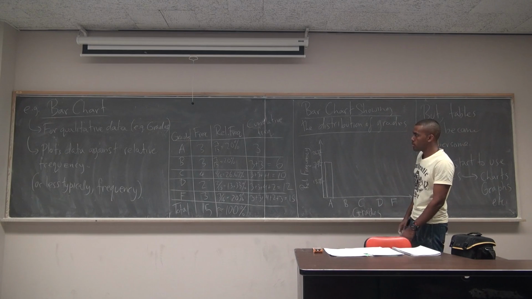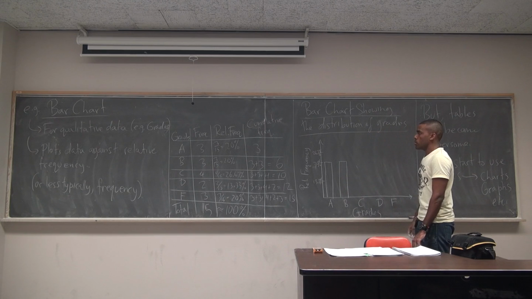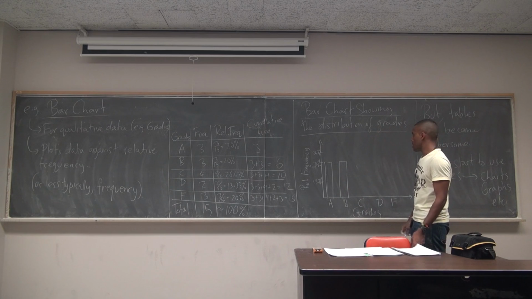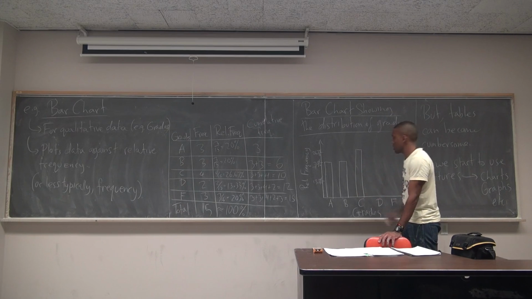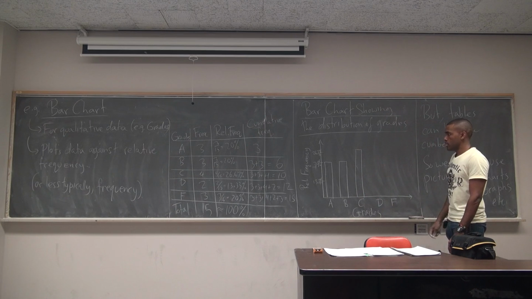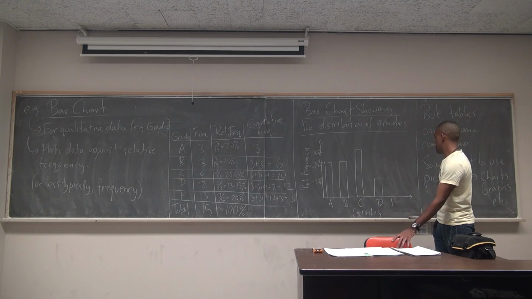My B is actually at the same level, so that's also 20. My C is a little higher, that's the one at 26. My D would be at the 13. And my F would be at 20.